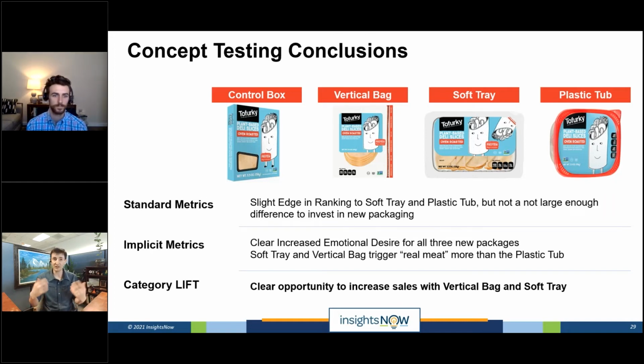Yet adding on the implicit gives you the ability to find out, well, are we going to tweak anything? Are we going to change people's perceptions? And here we learned, while there's good evidence that all of them are going to deliver emotionally, there's also a change in perception of real meat that's going to happen if you would move into that space.